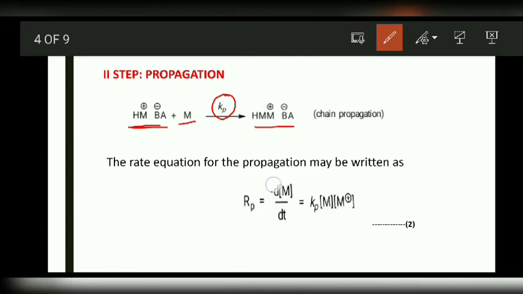That is why we use this negative sign here. That is equal to Kp, that is the propagation rate constant, into molar concentration of monomer into molar concentration of M plus, that is carbonium ion concentration, right. So this is the rate equation for the propagation step. Call this equation number 2.